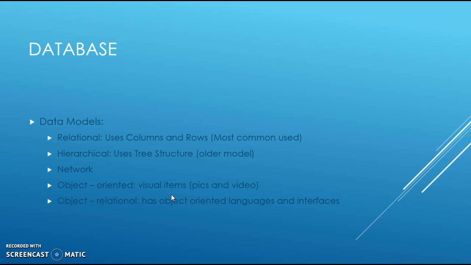You also have a network and object-oriented model. Object-oriented is more visual, it has visual items inside it, so it can pick up some video. The object-relational model uses object-oriented languages and interfaces to be able to view the items inside the database.